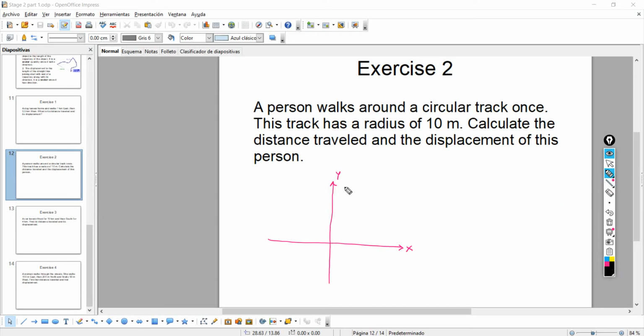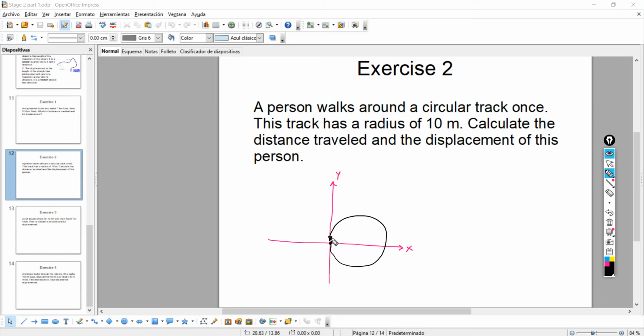Okay, let's continue. So what is my particle in this case? It's a person. So I'm going to put that person at the origin of my frame of reference. And I'm going to start to move this particle in the same way that the problem tells me. So this person walks around a circular track once. So basically this person is following this circular path.